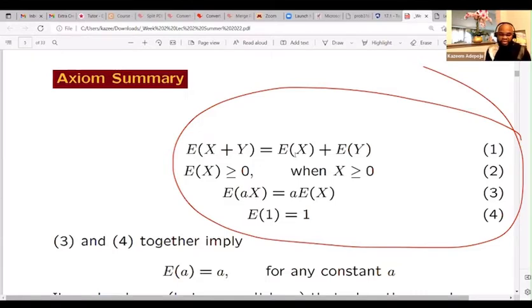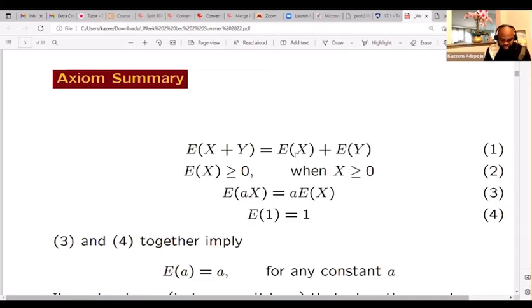Number 2 tells you the expected value of X holds under the condition that X is greater or equal to 0. Before I can have my expectation to be non-negative, the support of the random variable also has to be non-negative.